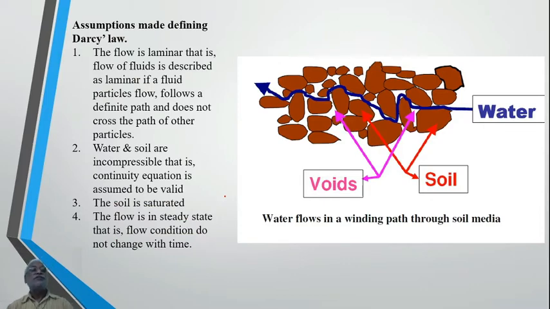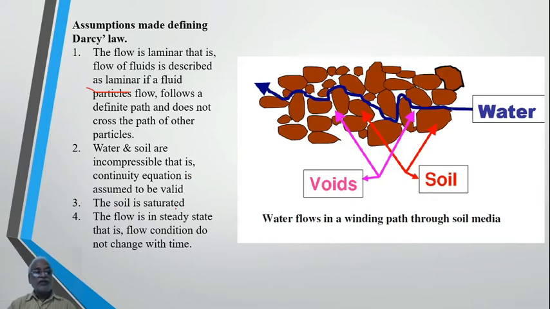What are the assumptions made in Darcy's law? First one, the flow is laminar, that is, the flow is described as laminar if fluid particles follow a definite path and do not cross the path of other particles. Now, water and soils are incompressible, that is, the continuity equation is assumed to be valid.